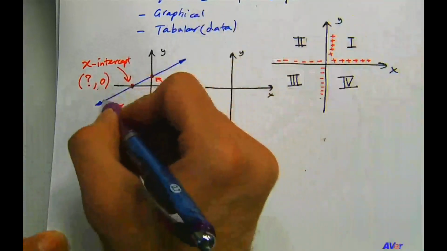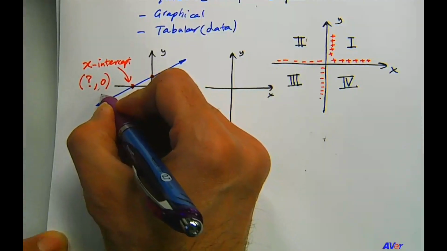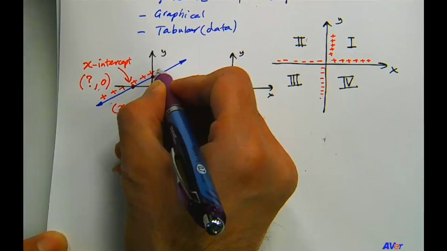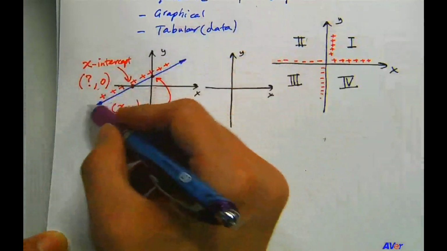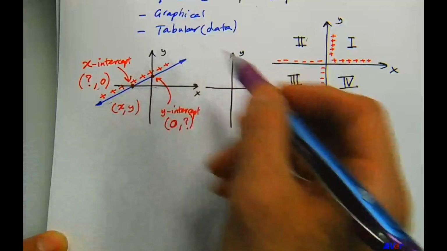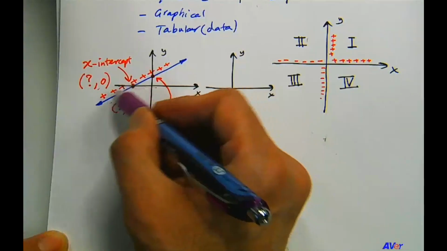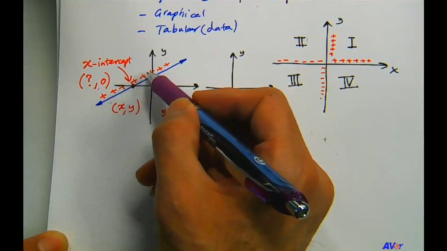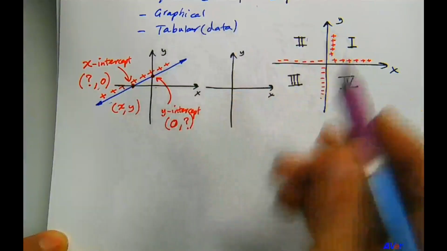Now this line is sloping uphill from left to right, not the other way around. From left to right, it's sloping uphill, and that's why we say it has a positive slope, because it's an increasing slope going from left to right.